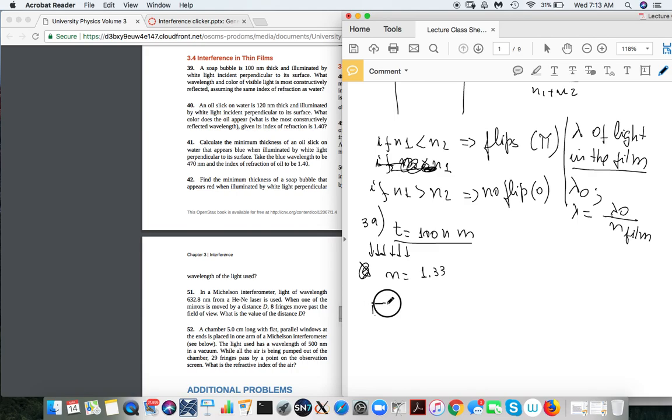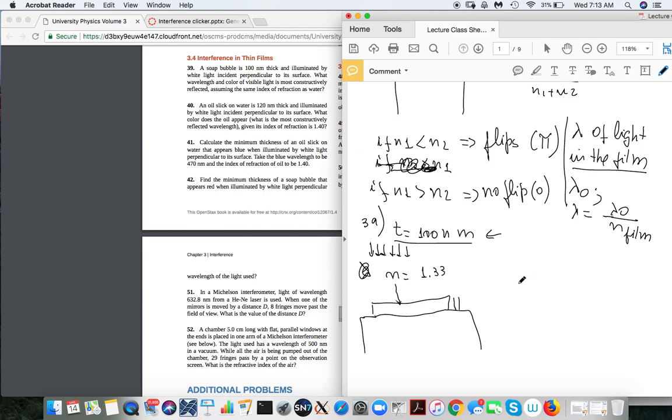So you have your film. That's your film. So white light goes in there. So the optical path is t plus t, which is 2t, right? It's 2 times this because the optical path is down and up.